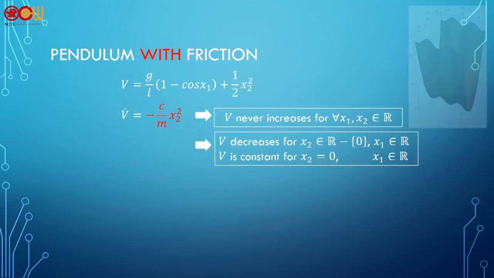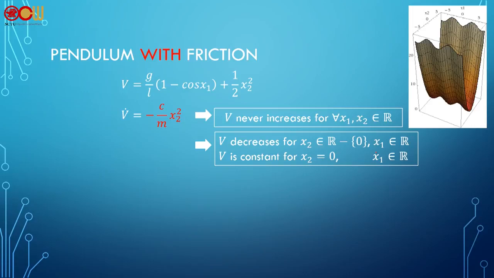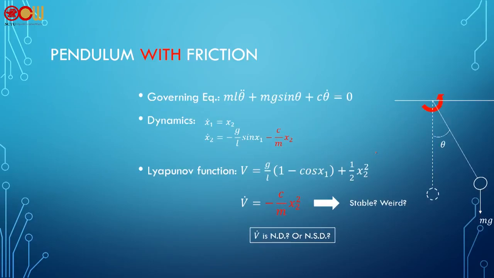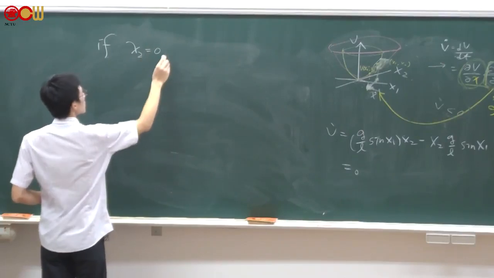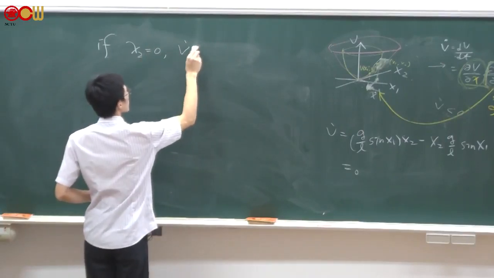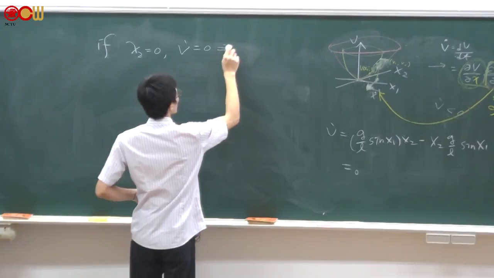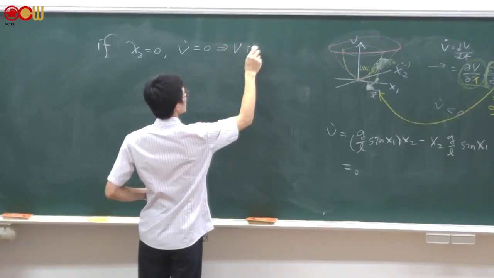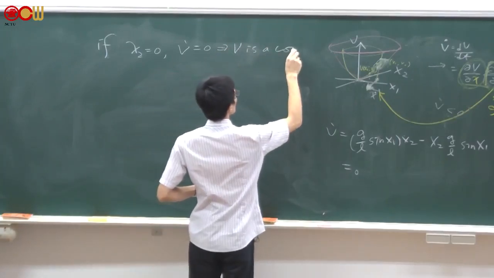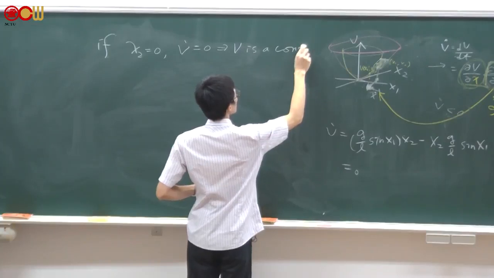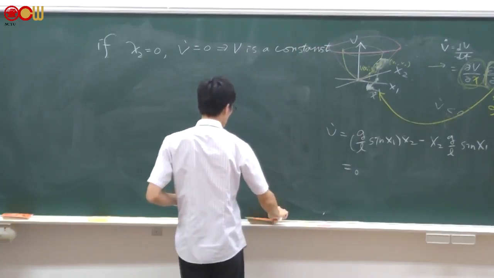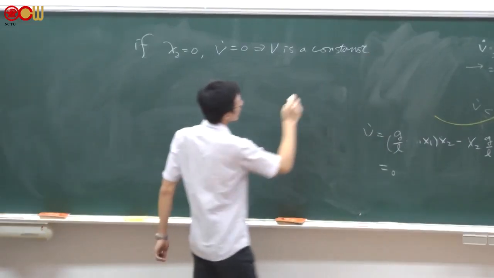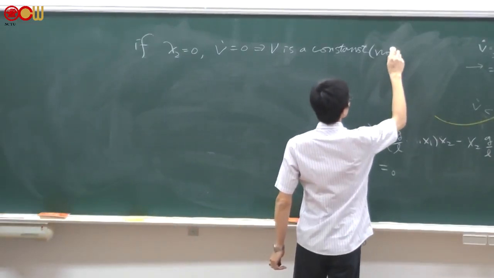What does V look like? If x2 is 0, V dot will be 0. V is constant, and not necessarily 0.